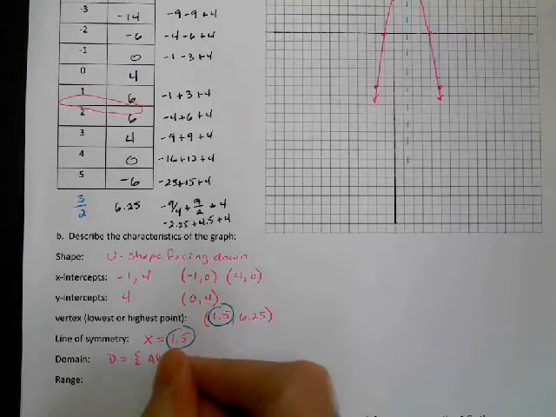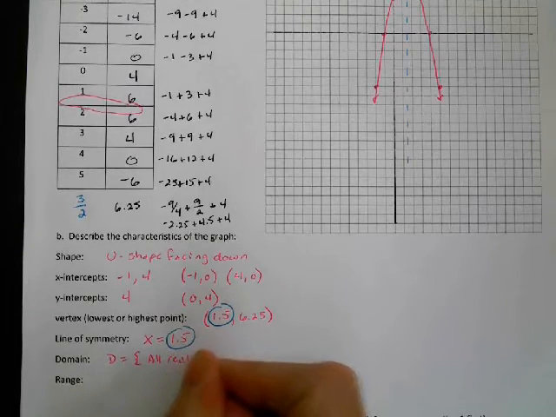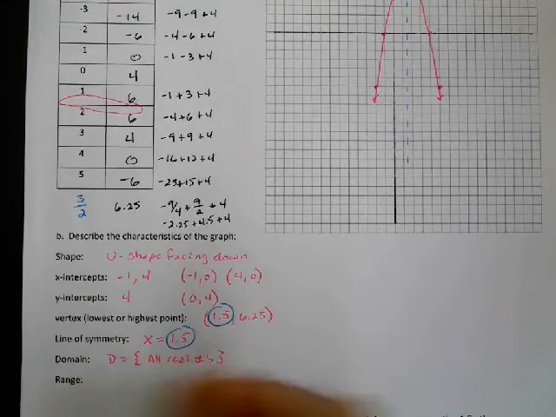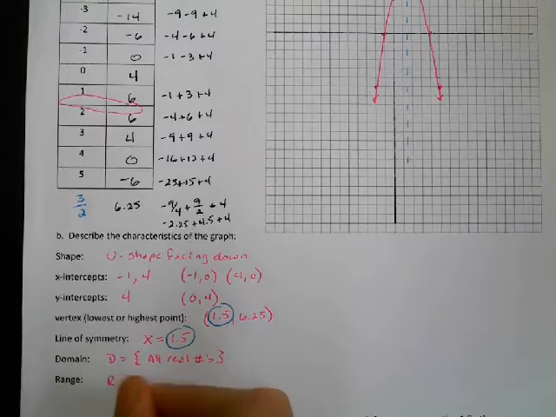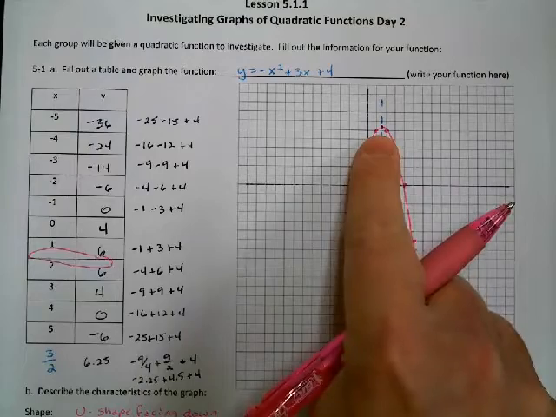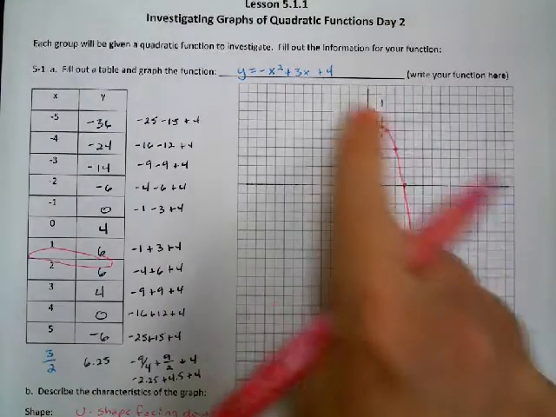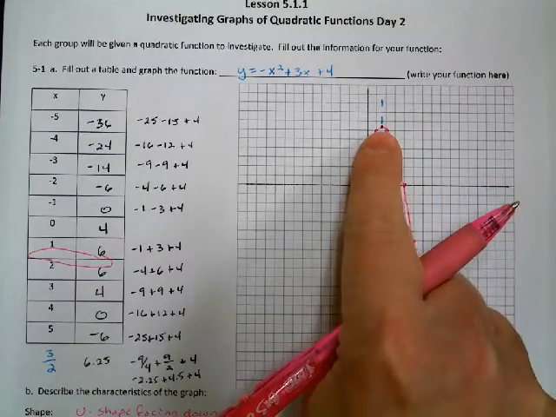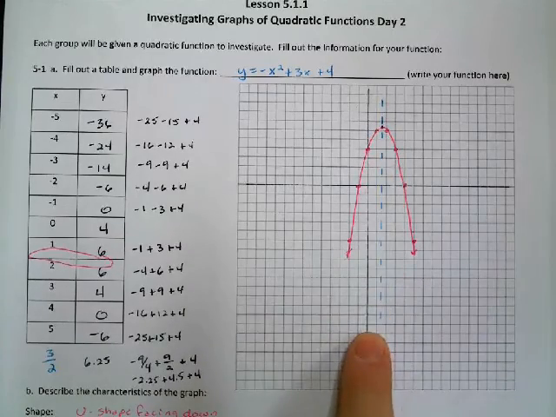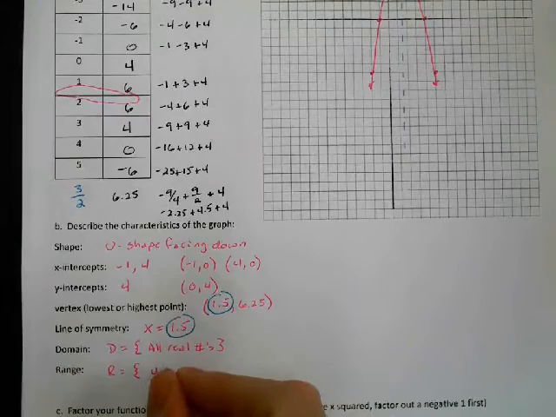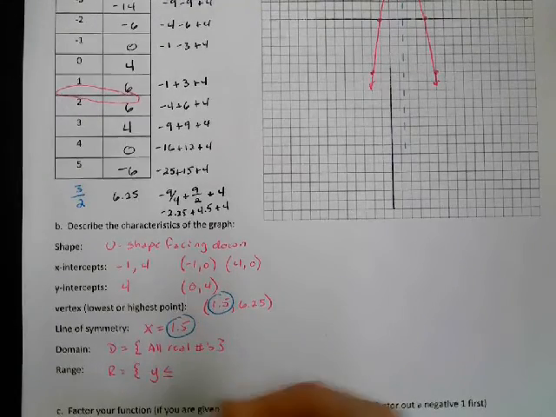Our range. Now this one's a little bit different from the last one that we did, because here I can see that my y values are never up here. They're always at this point or below. So our y values are less than or equal to that highest point, that maximum, which would be 6.25.